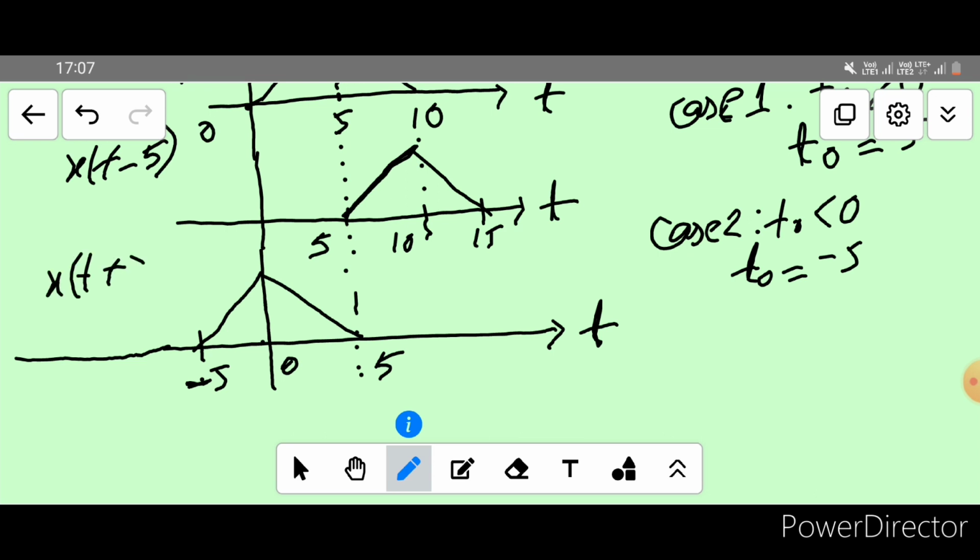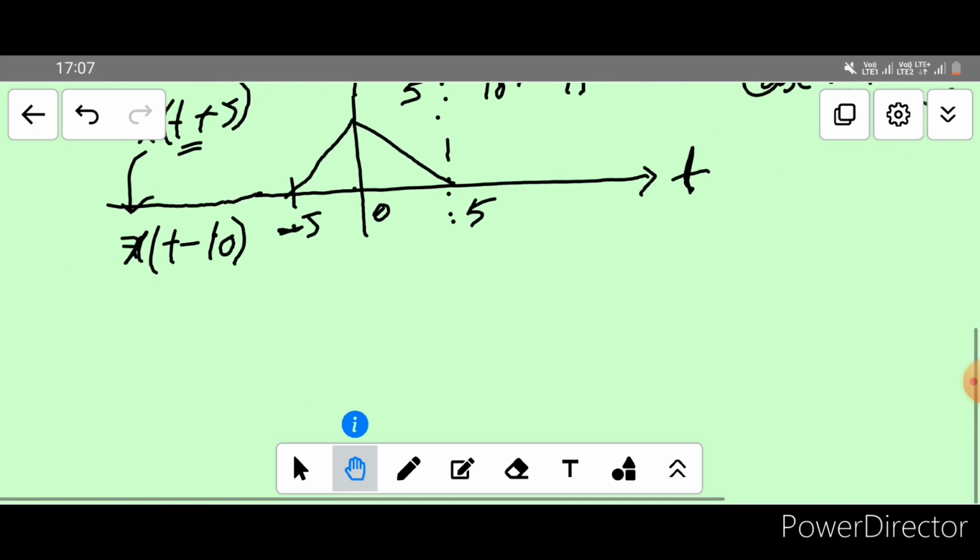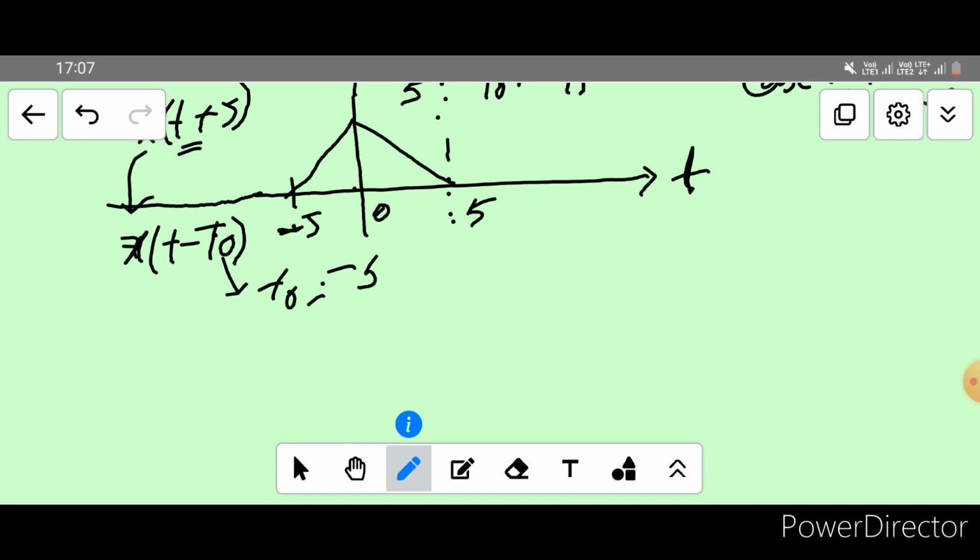x(t) plus 5. Now you might ask why plus? Because our original representation of a shifted signal is x(t) minus t naught. We all know that. Now since it is shifted by minus 5, here t naught is minus 5.